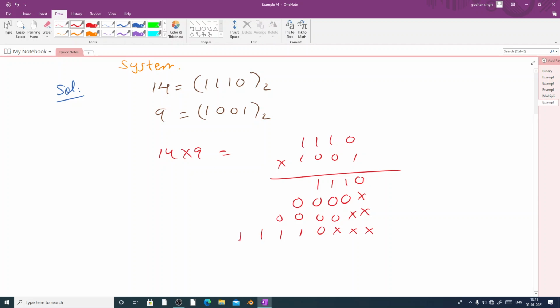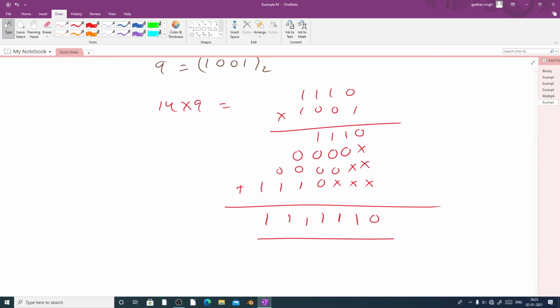Now we'll do the addition work. So this is 0, this is 1, and this is 1, this is 1. Just you have to use the rules of binary number addition. So 0 plus 0 plus 1 is 1, 0 plus 1 is 1, and this 1. So this is the answer of 14 into 9.